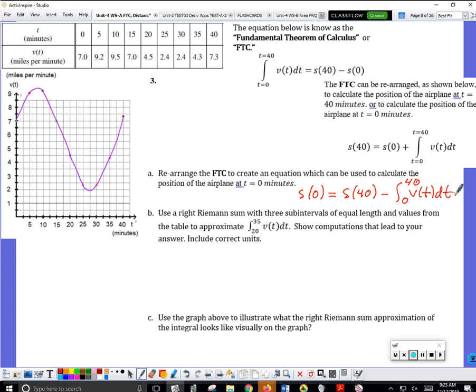Raise your hand if you have this written on your paper, please. Who has this written down? Points? You want me to talk about it?